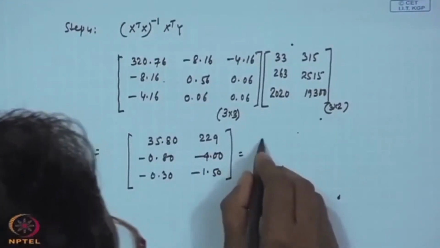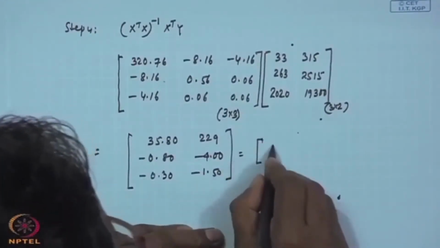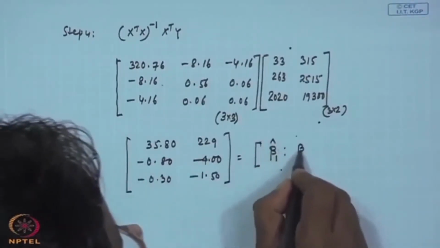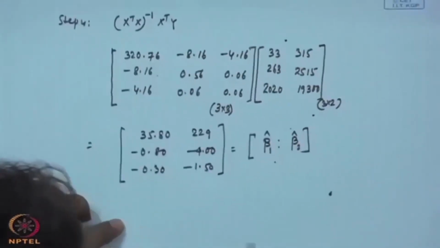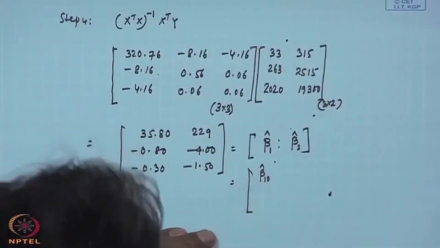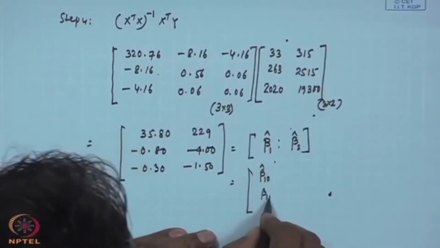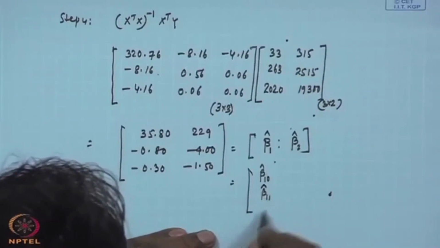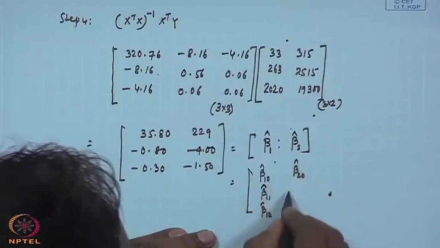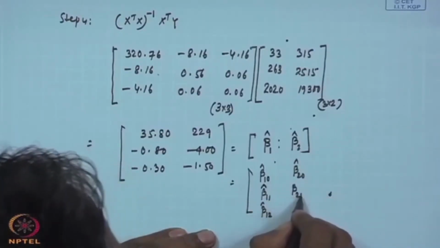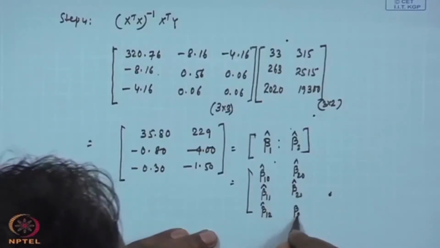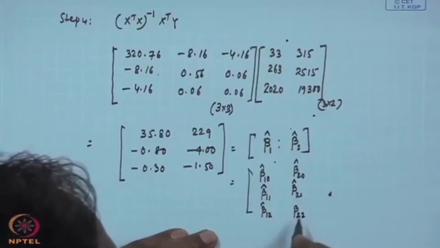This is your beta 1 cap and beta 2 cap, which is nothing but beta 10, beta 11, beta 12, then beta 20, beta 21 affected by x1, and beta 22 affected by x2.